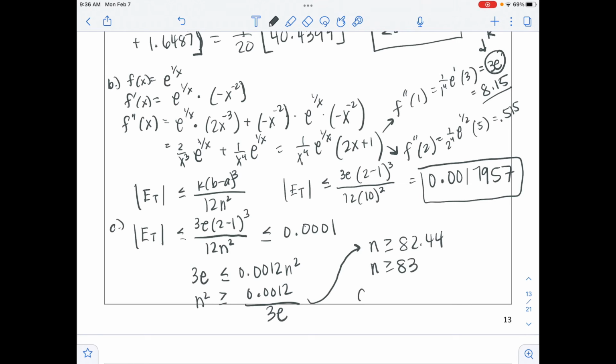So we would choose n to be 83. And so we would have to have 83 intervals here to make our error approximation within 0.0001 of the actual true value of it.